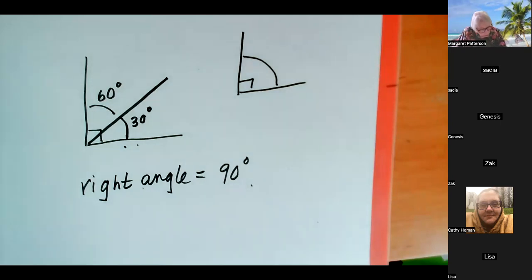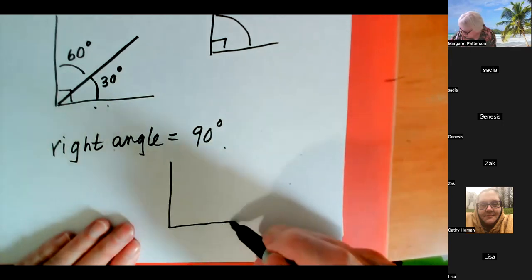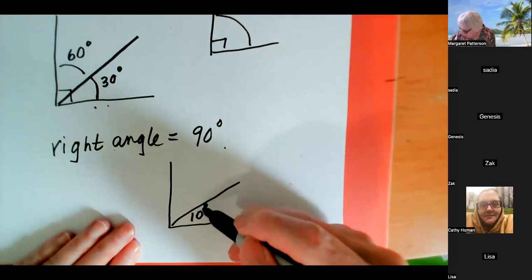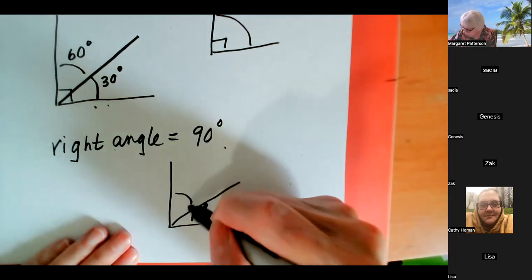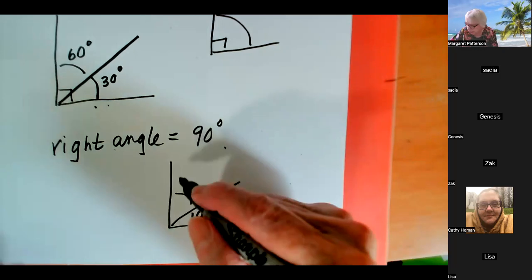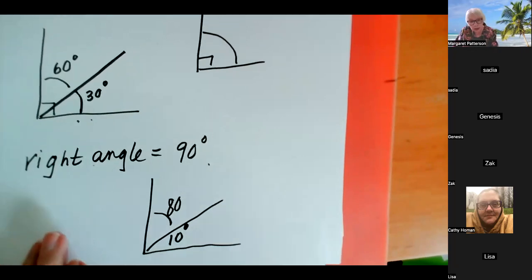It's 90. There's no problem. This one here. So let's say this one is 10 degrees. How much is this one? 80. 80 it is. Okay, so it's not a big deal, but for some reason they threw this in on this section. And so I believe you can do them.